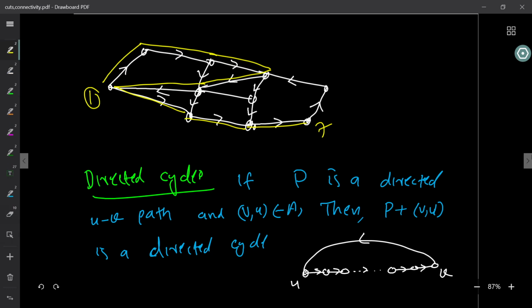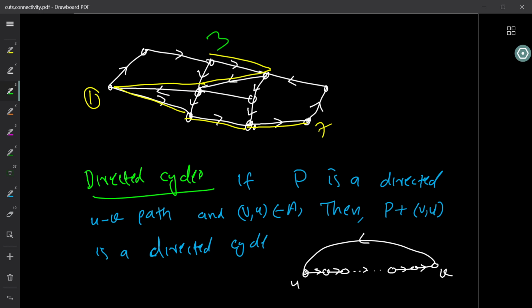On the other hand, if you have, let us say, to this and then going to 1 and then coming to 7.